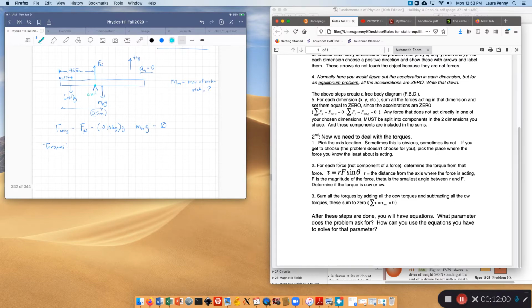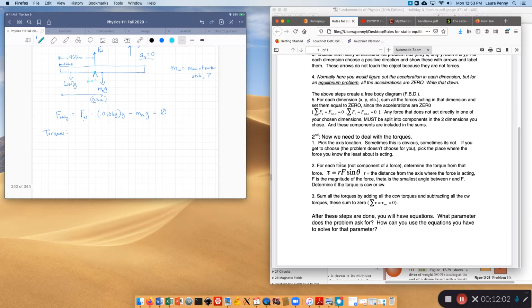All right, so number 2, for each force, not component of a force, but each force, determine the torque from that force using this equation, where torque is equal to R F sine theta, where R is the distance from the axis where the force is acting, F is the magnitude of the force, theta is the smallest angle between R and F, and then we're going to determine if the torque is counterclockwise or clockwise.